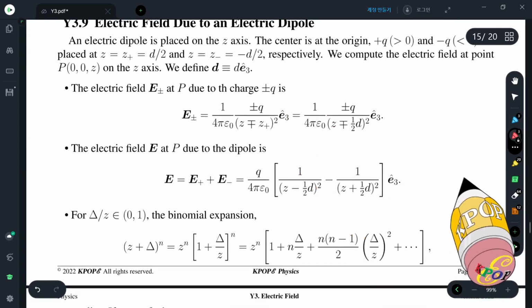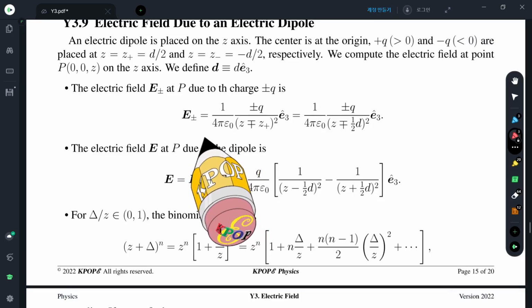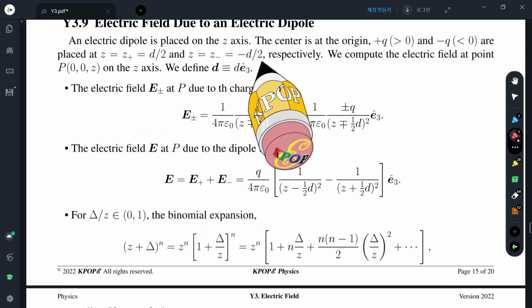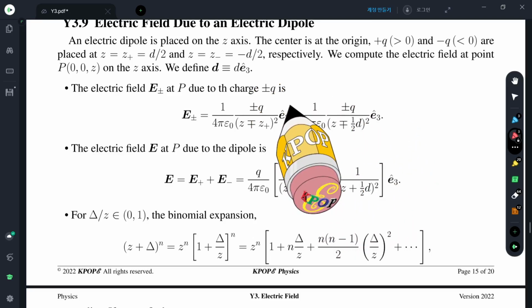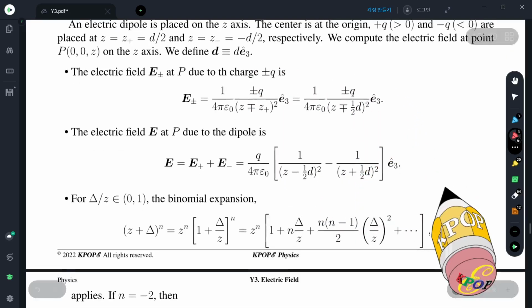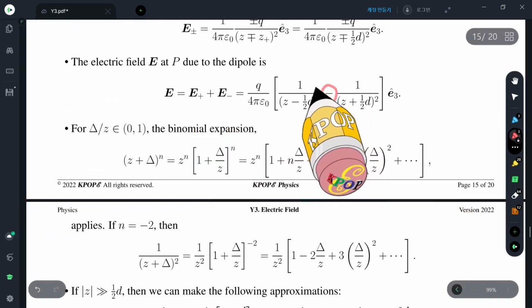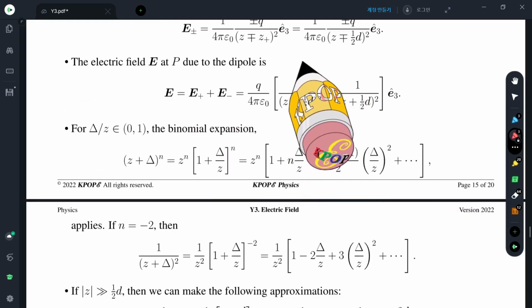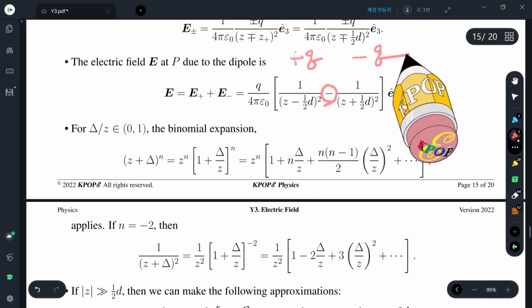And finally, the contribution of the electric field due to the plus charge and the minus charge has a very similar shape. However, their sign is a subtraction, because it is a positive charge plus Q contribution and a minus Q contribution.